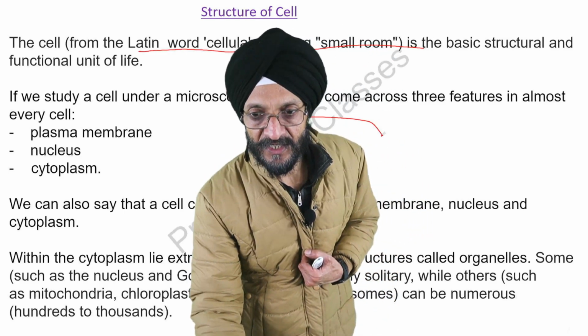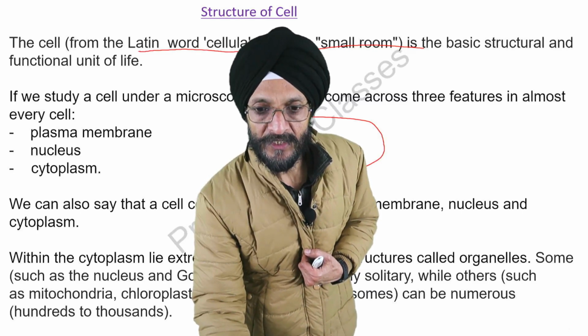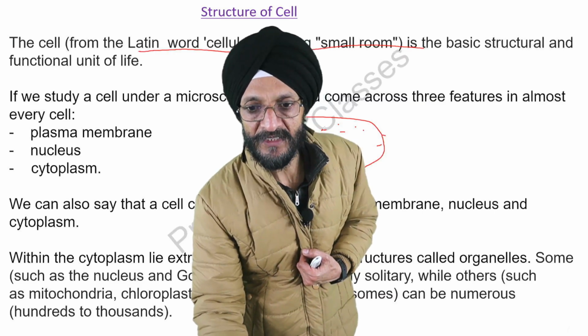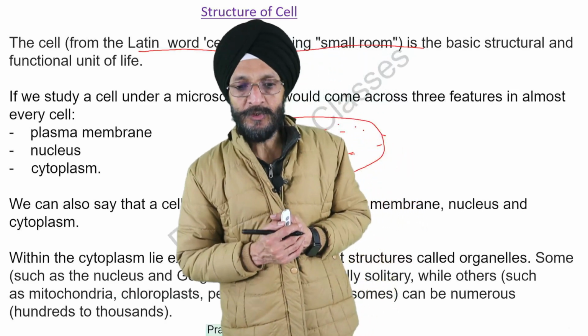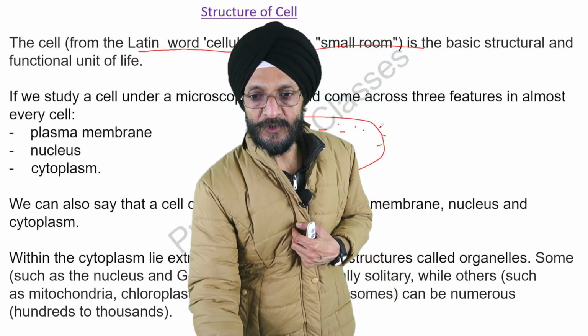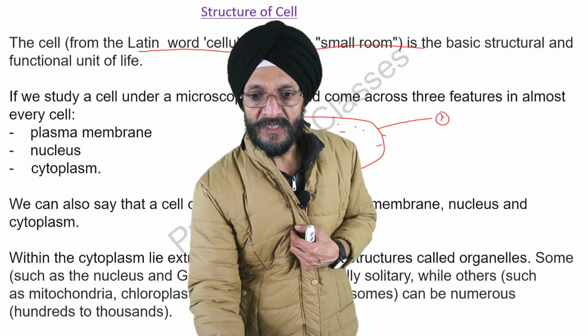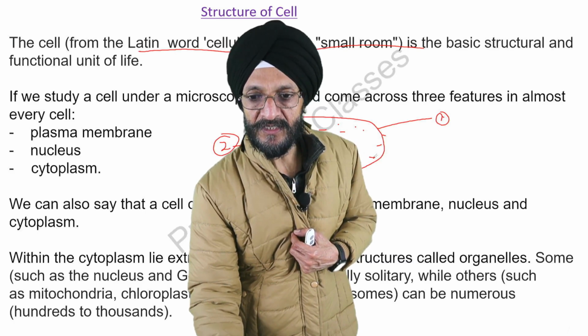There is a plasma membrane, and there is a nucleus, and there is cytoplasm, which is the fluid present throughout the cell. We can also say that the cell consists of three parts. First is cell membrane, the second is nucleus, and the third is cytoplasm.